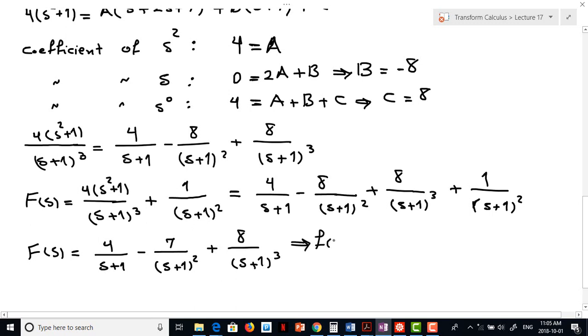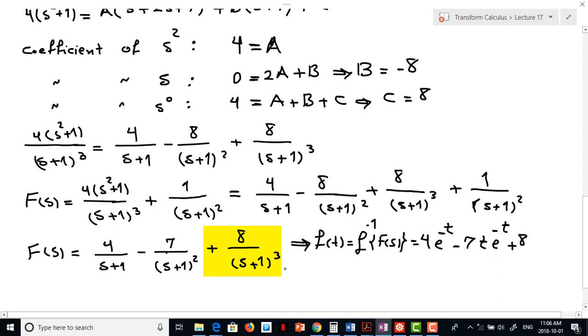As a result, f(t), which is the Laplace inverse of F(s), is equal to: the Laplace inverse of 4 over (s plus 1) is 4, based on the first translation theorem, e to the power of minus t, minus 7 times the Laplace inverse of 1 over (s plus 1) squared, which is t e to the power of minus t, plus 8 times the Laplace inverse of 1 over (s plus 1) cubed, which is t squared divided by 2 times e to the power of minus t.